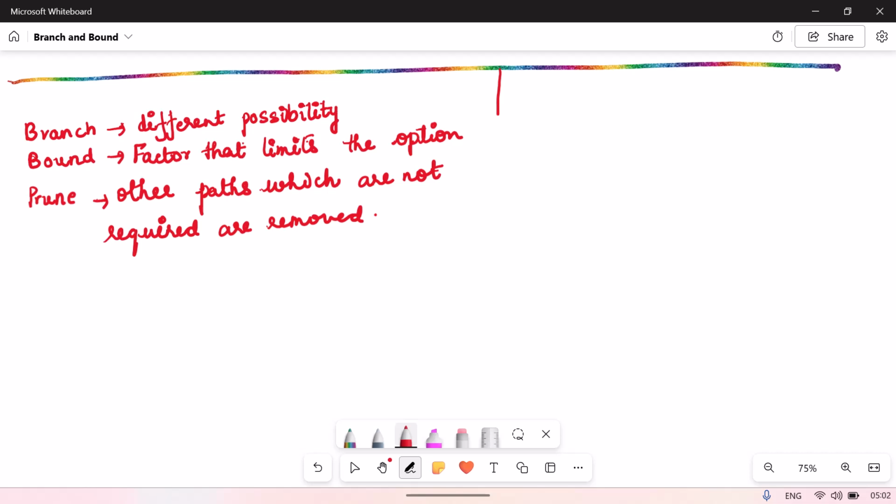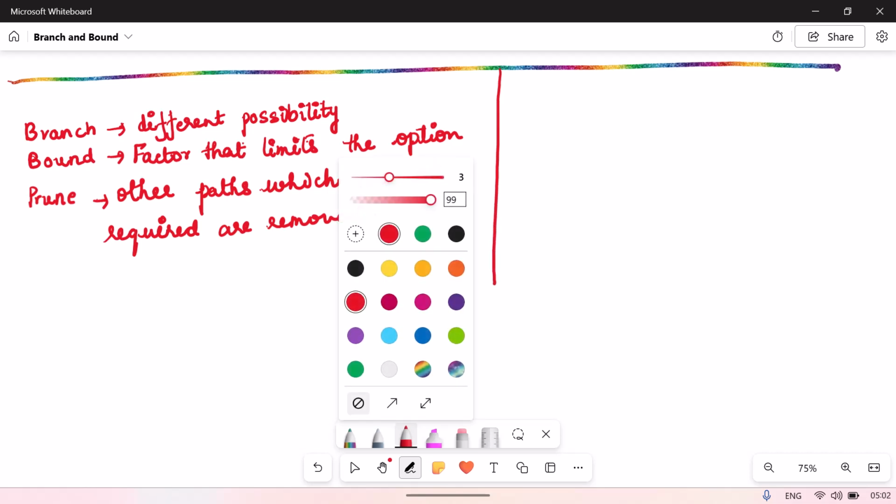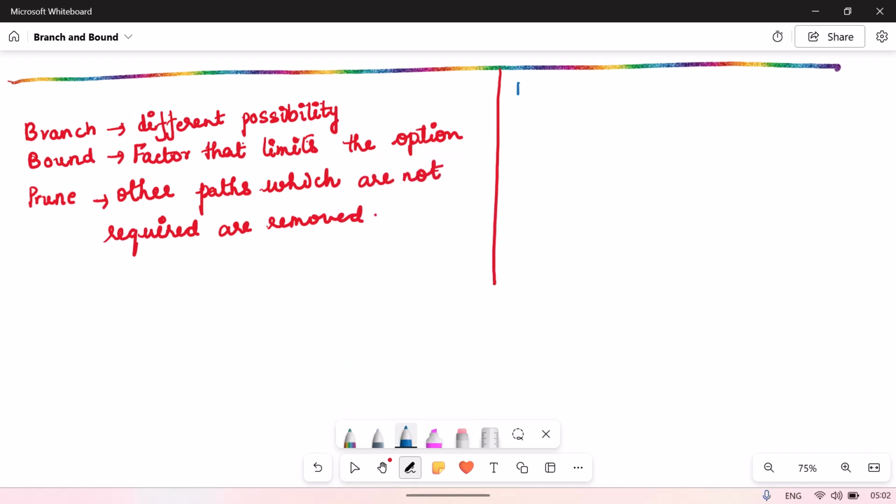Now let me take an example of a flight booking. Let me book a flight from Mangalore to Delhi. Branch means I will explore all the options. Maybe one path is Mangalore, then Bangalore, and then Delhi.